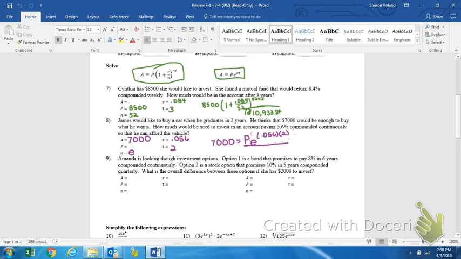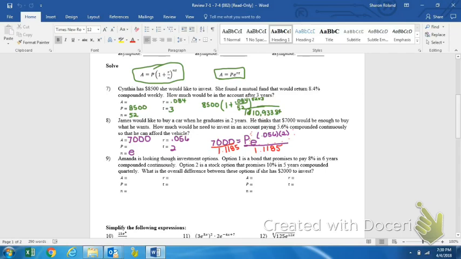So if you put E in the calculator, it's second natural log, to the exponent 0.056 times 2, and that is 1.1185. And what you divide one side, you have to divide the other. Now, I'm rounding it because I can't write this huge number down, but you guys don't have to.